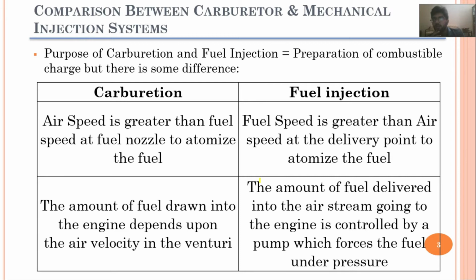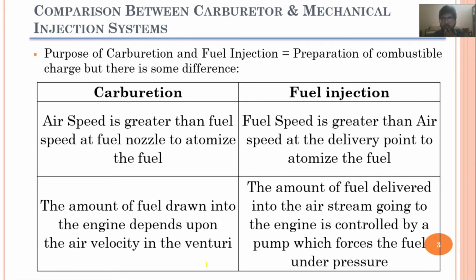Similarly, the fuel injector system is just like that. The fuel is coming out of the injectors, and since the fuel speed is quite high, and it is being dispersed throughout the combustion chamber, it will get atomized.